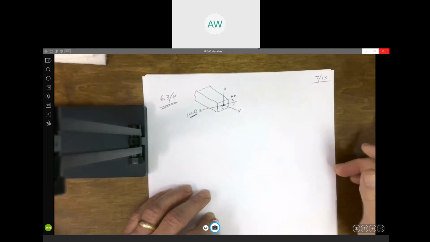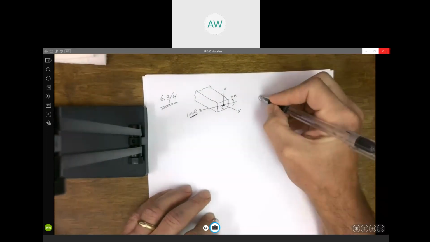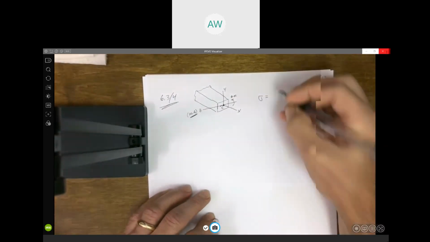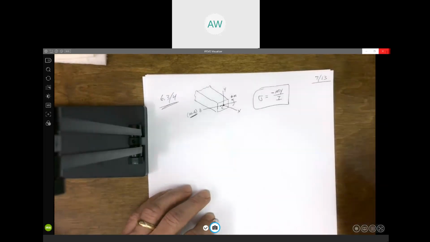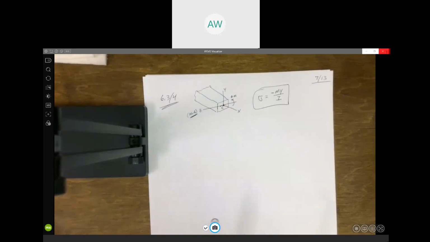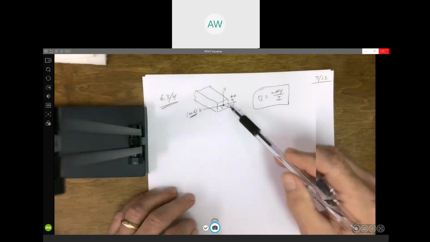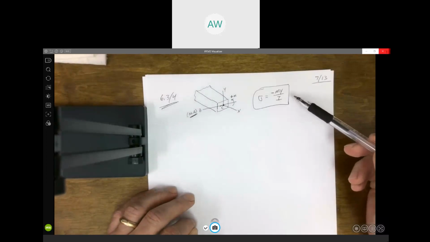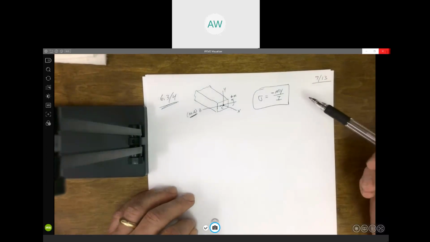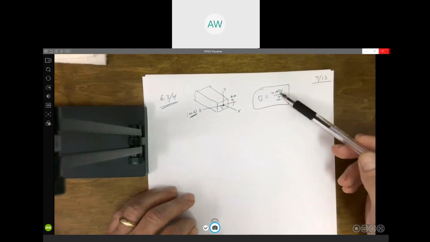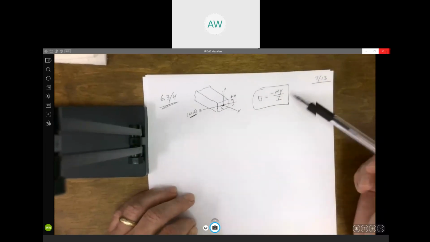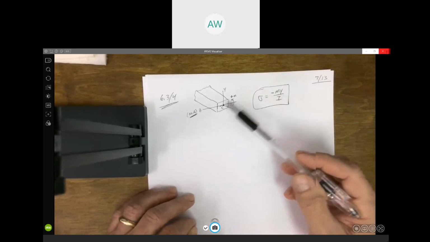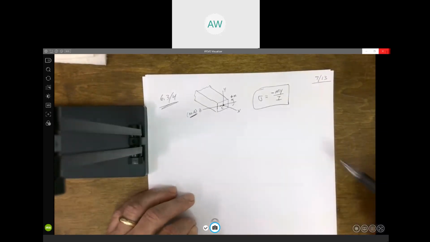And we came up with this formula, that the normal stress due to that bending moment is minus My over I. Using this sign convention and orientation of the axes, it gives a positive stress for tension and a negative stress for compression. M is the bending moment, y is positive up away from the neutral axis, and I is the moment of inertia of that cross-sectional area about the neutral axis.